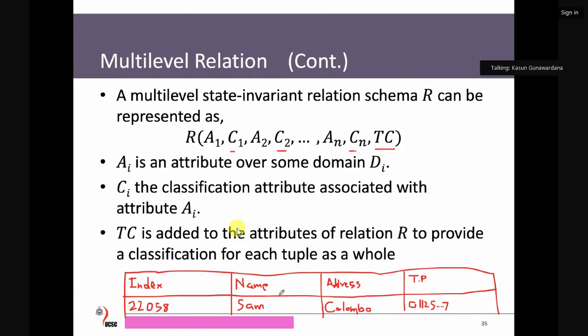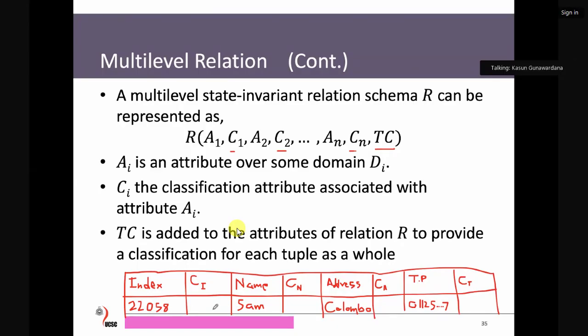But when it comes to the multi-level relation, in addition to these attributes, there will be, this is the classification of index, this is the classification of name, this is the classification of address, this is the classification of telephone number, right?